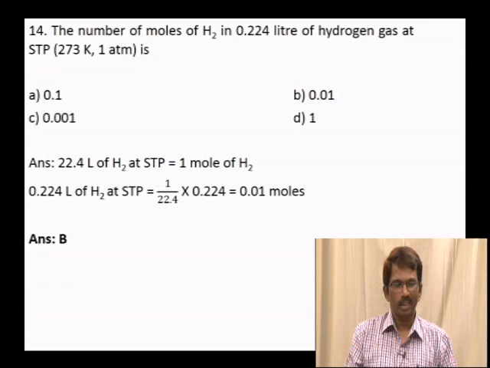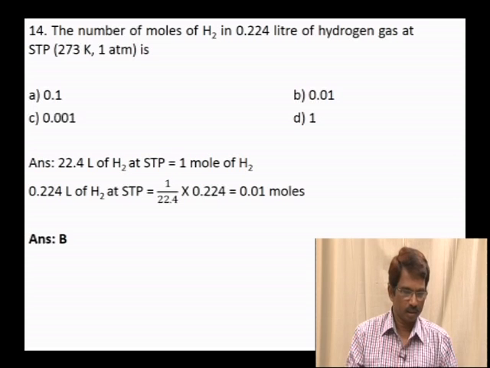Into question number 14, the number of moles of hydrogen gas in 0.224 liters of hydrogen gas at STP, that is 273 Kelvin and 1 atmospheric pressure, the options are 0.1, 0.01, 0.001 and then 1. And as you all know, the molar volume of any gas is 22.4 liters at STP, that is the volume occupied by 1 mole of any gas at STP.